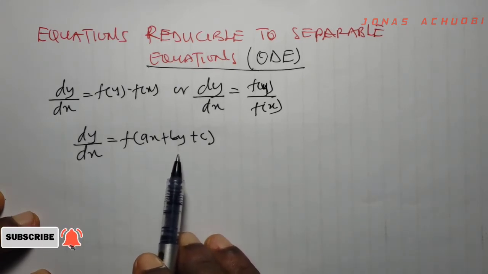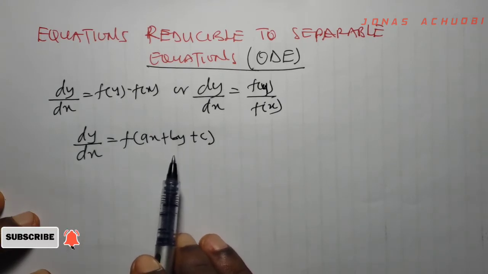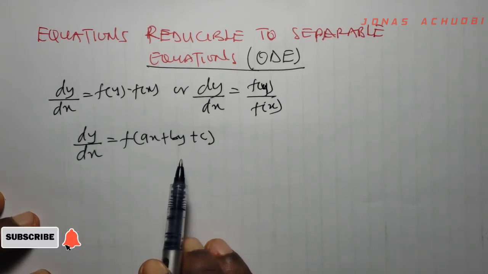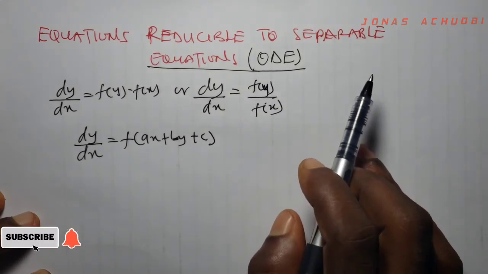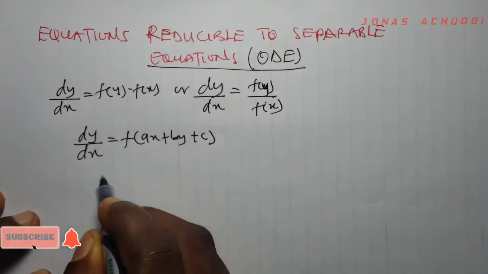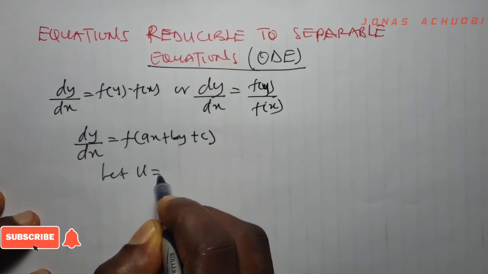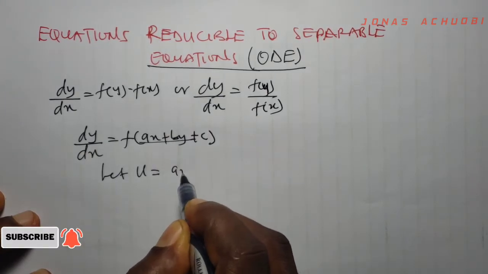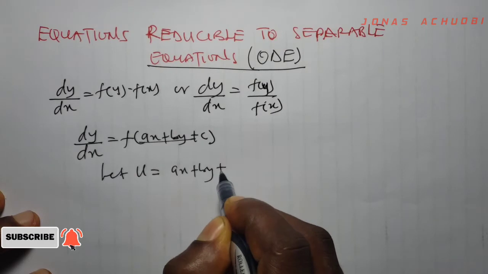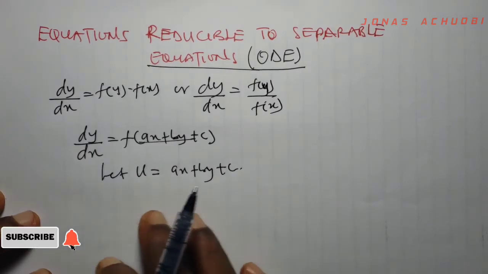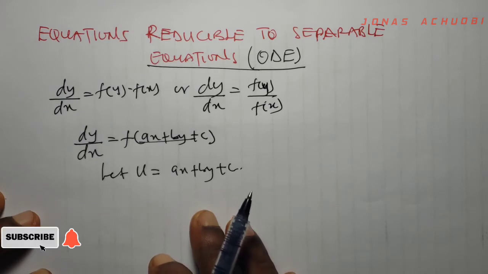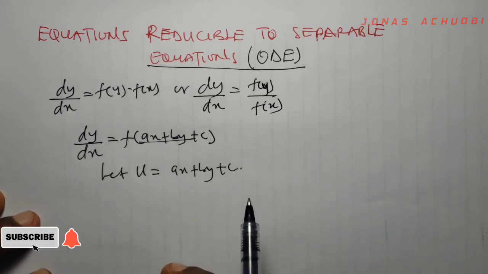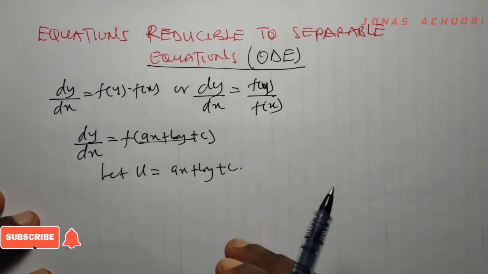If we encounter such equations, we can reduce them most times to a form where we can apply the method of separation of variables. To do that, we'll say let u be equal to the function ax + by + c, and then we proceed using implicit differentiation, and it will end up reducing the equation to a form that we can now handle.